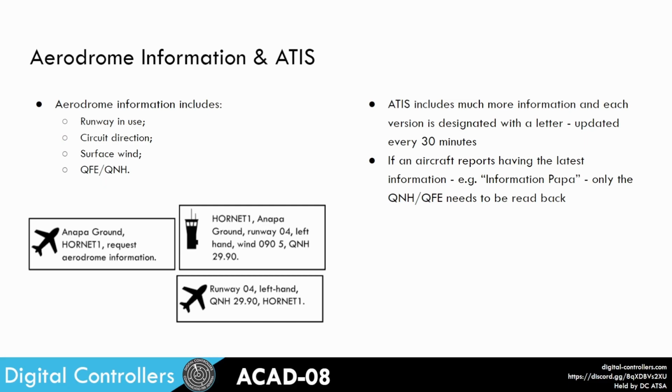So if an aircraft reports having the latest information, this could be information PAPA, you only need to confirm the aircraft has the correct QNH or QFE, as this setting is so important.